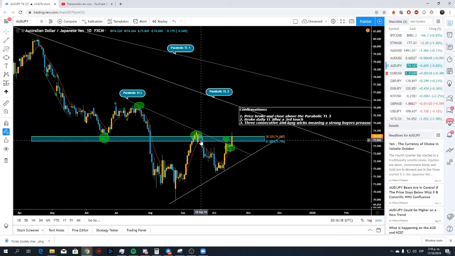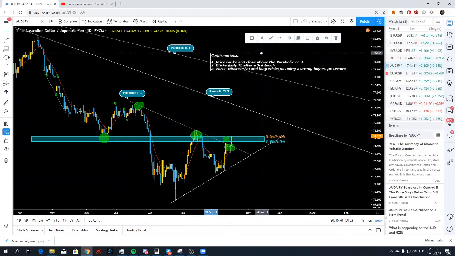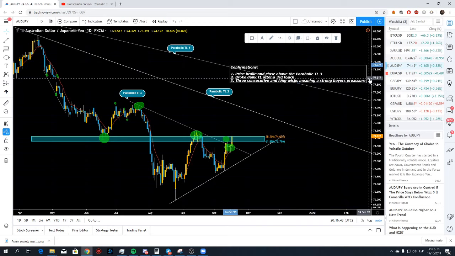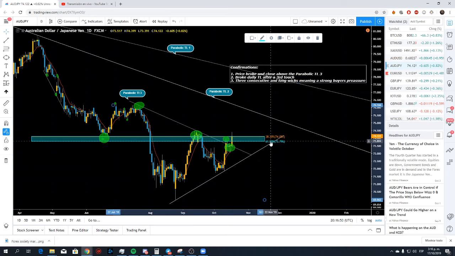Right now I got confirmations, yeah, but I'll explain something in a few, guys. Right now we got this break and close above the 61 level, but it's not showing strength to break the 38 level, and the whole area from the 61 to the 38 is the resistance point, not just the 38 or just the 61.